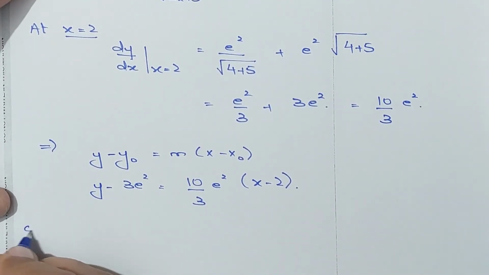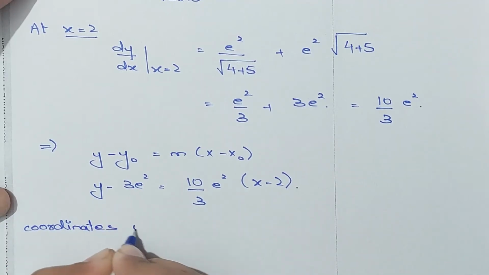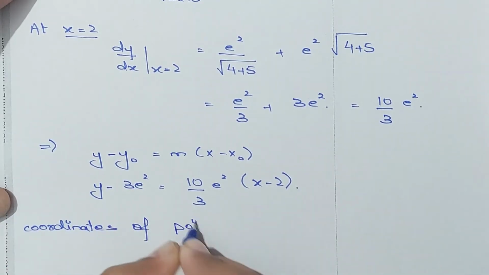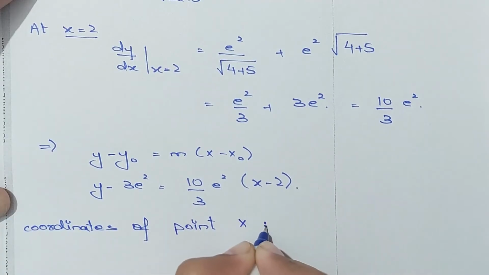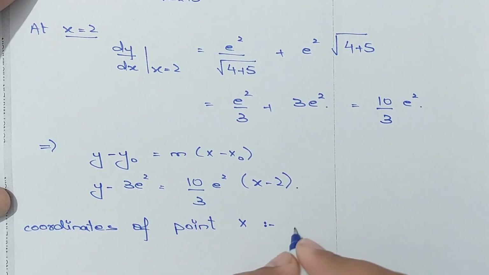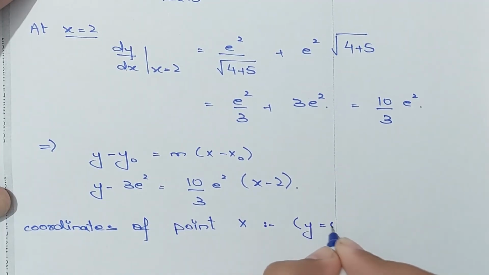So we have to find the coordinates of point X. The tangent meets the x-axis at this point, so y equals 0.